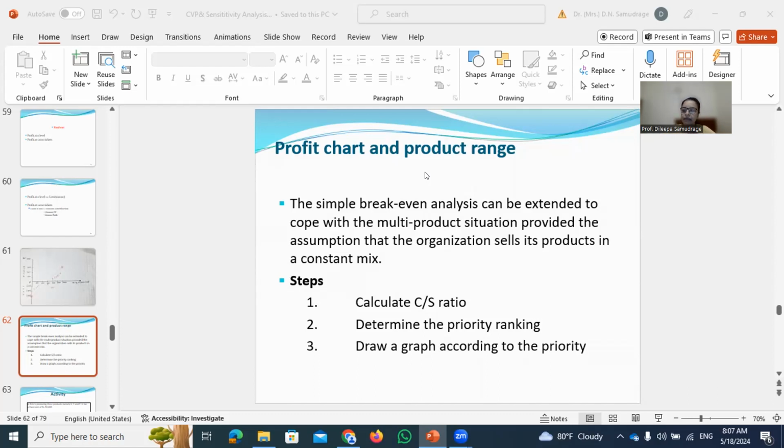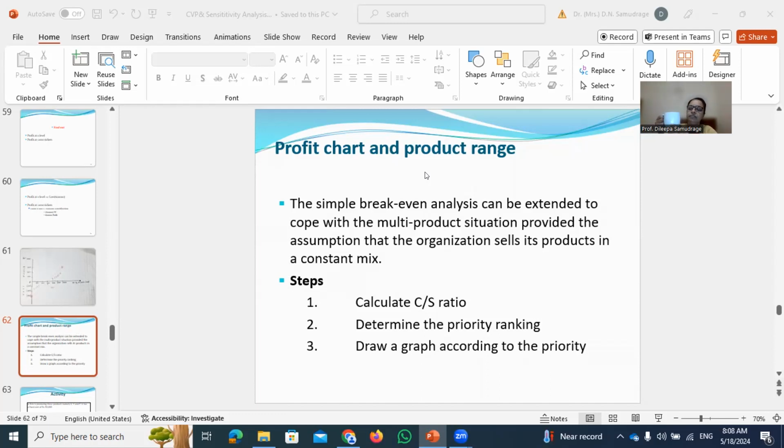Maybe parallelly they produce different types of products. So if they do, how do you decide the combined break-even point?